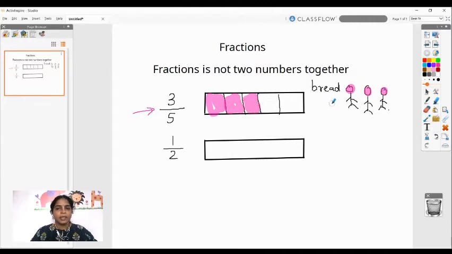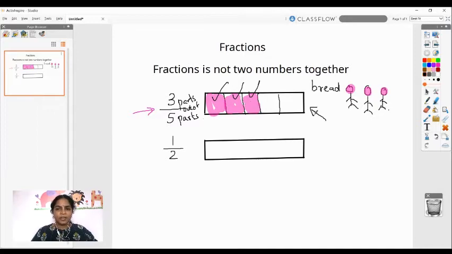Now, if someone asks you how much of the bread is finished or got over, then you will say this got over, this got over, this got over. That means 3 parts out of 5 parts. Basically, in the beginning, there is only one loaf of bread, and in that, 3 parts out of 5 parts got over, finished. It was given away.